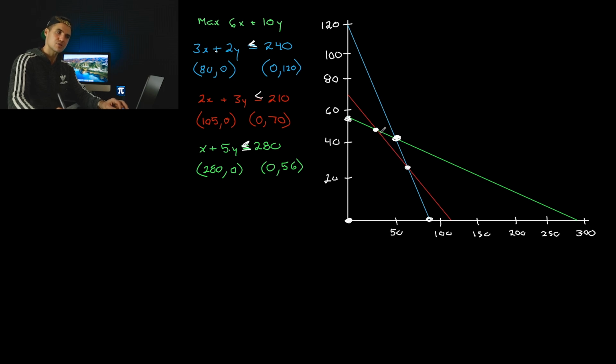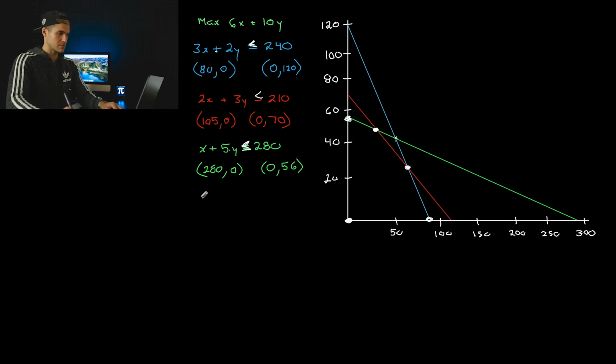But if you make it as to scale as possible and make a big graph, as big as you can on your paper, you can clearly see which points you need to find and which points you don't have to waste your time with, right? And so you're not going to waste time finding this point of intersection between the blue line and the green line. So now let's go into finding all of these vertices of the feasible region.